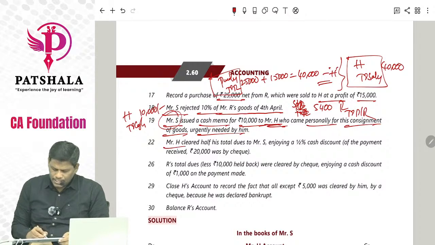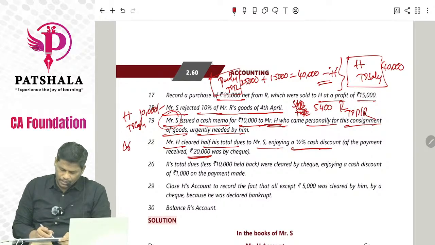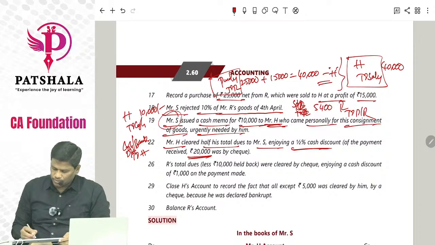Next, H cleared half of his total dues by enjoying 0.5% cash discount, 20,000 by check. So when he is giving us, the entry will be cash or bank and discount allowed to H. How much discount did we give him? 0.5%. Okay?